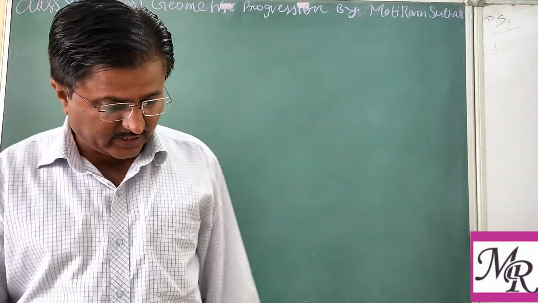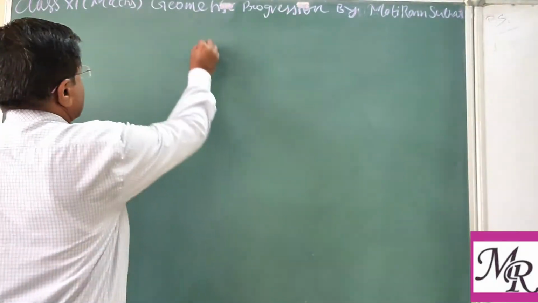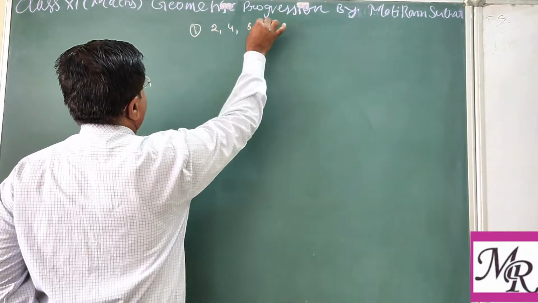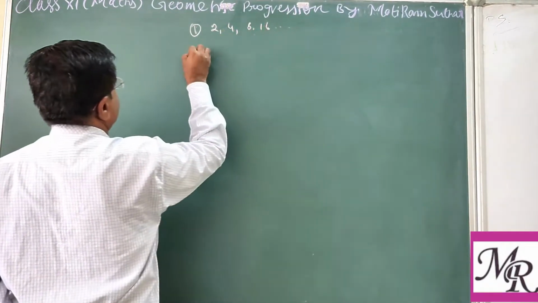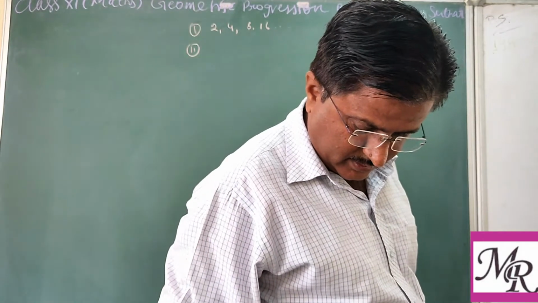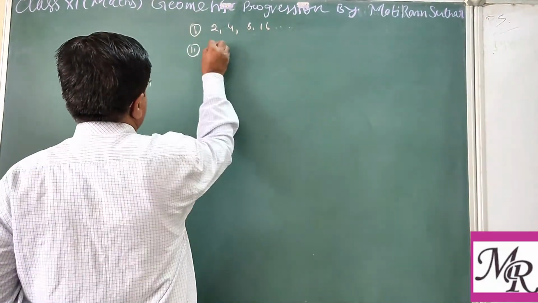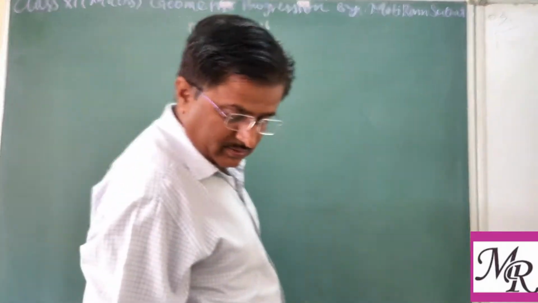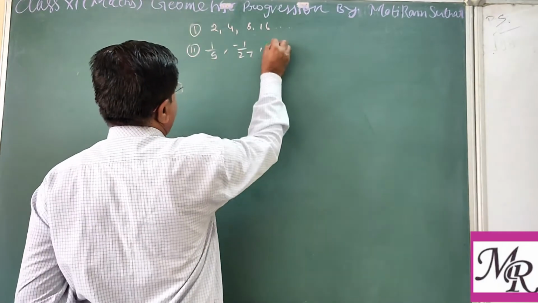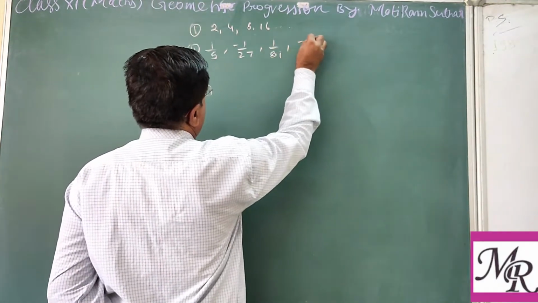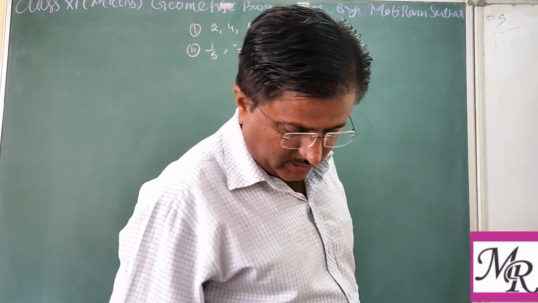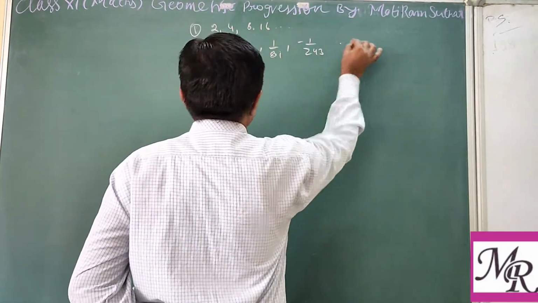Suppose we consider examples. First: 2, 4, 8, 16 and so on. Second example: 1 by 9, minus 1 by 27, 1 by 81 and minus 1 by 243 and so on.